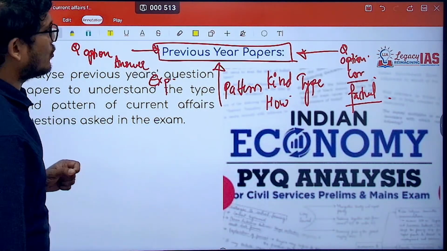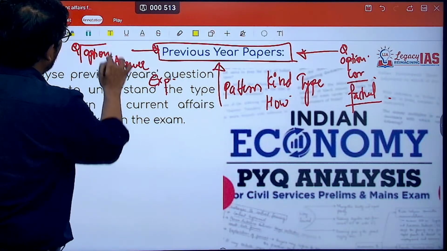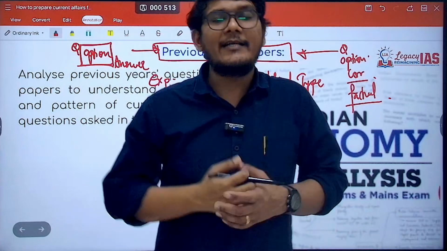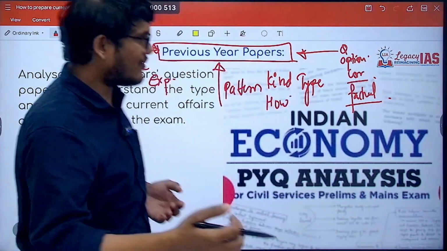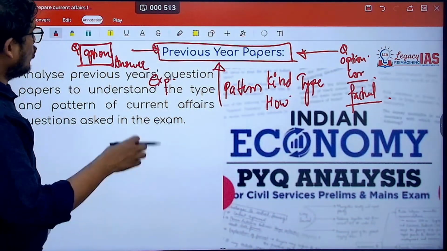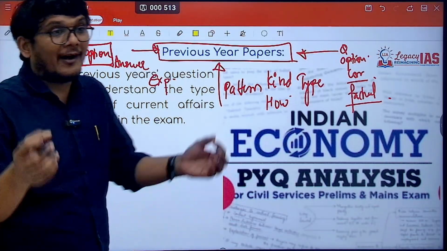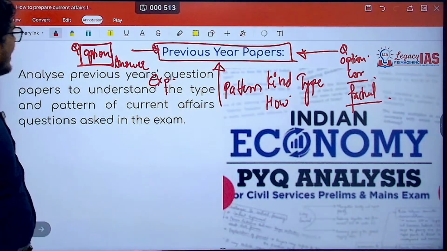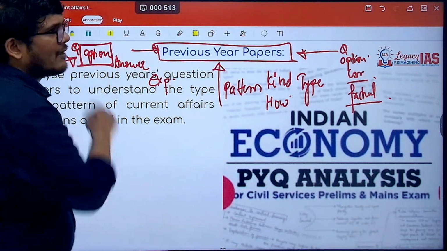In addition to that, you should also be reading about the other options which were incorrect, because next year or in this year UPSC may not give you, of course it will not give you, the exact same question, but it can give you a question based on the options that were given previously.